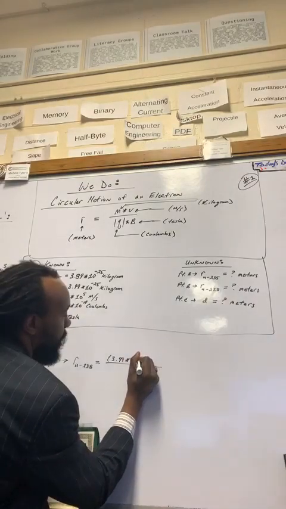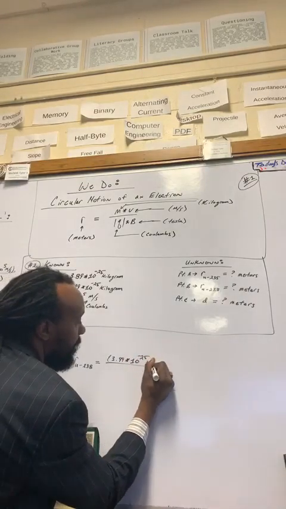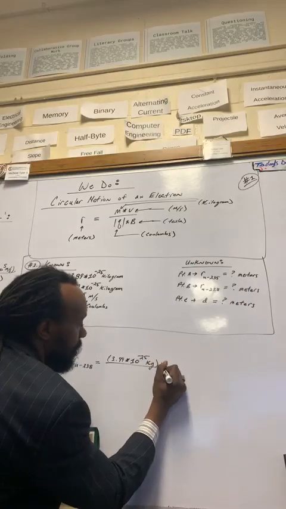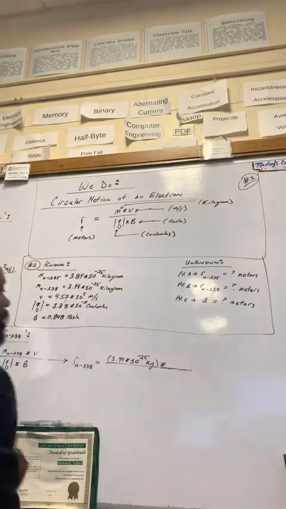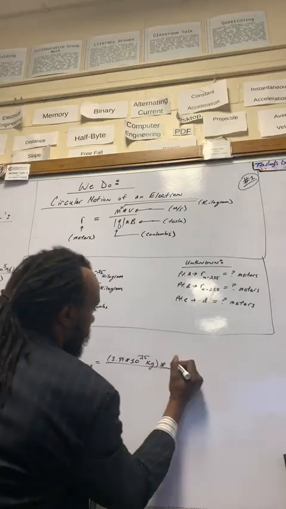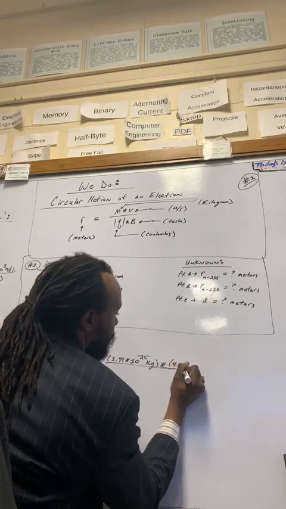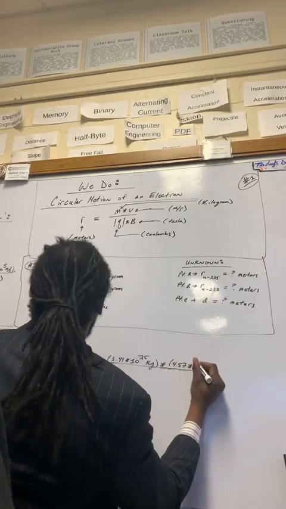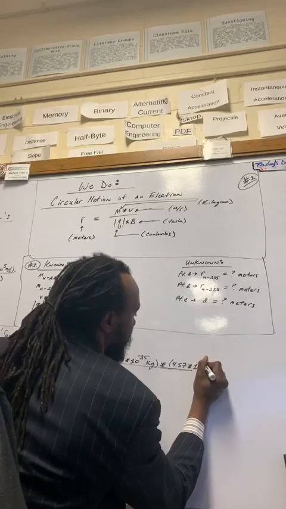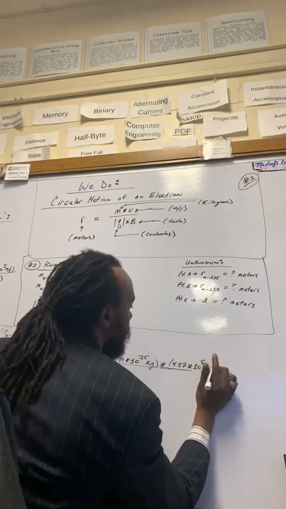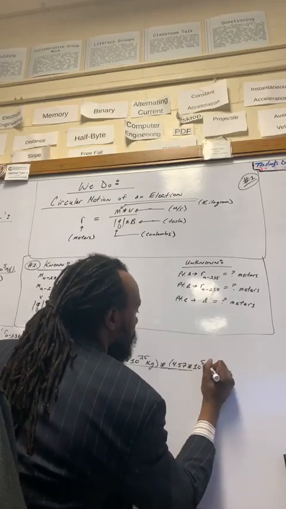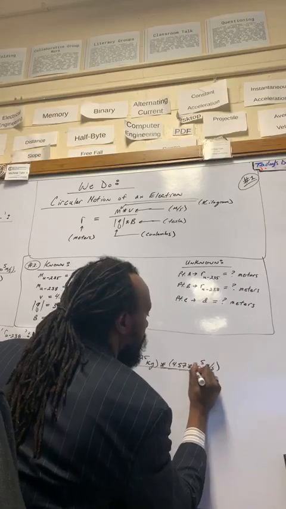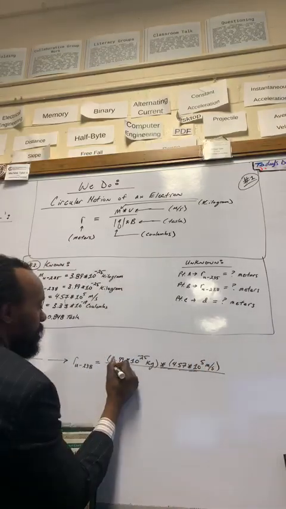Times 10 raised to the negative 25th kilogram. Make sure you put all your dimensions in there, or it's not a real number. Then the velocity stays the same, times 10 to the power of 5 here. And this is a velocity, so it's meters per second. All at the top. So what's in the bottom?